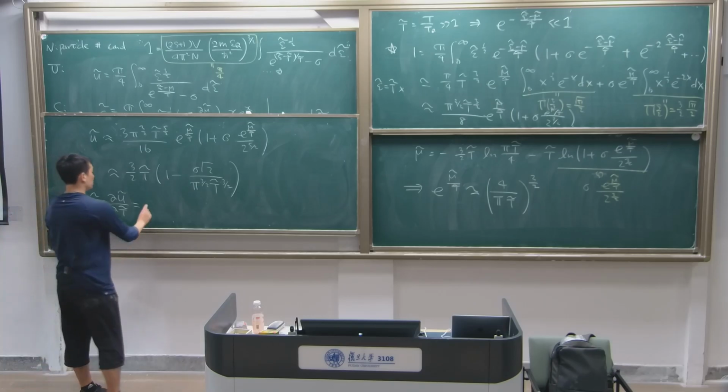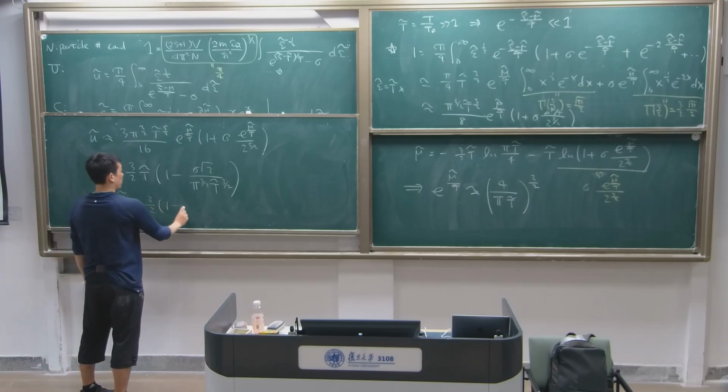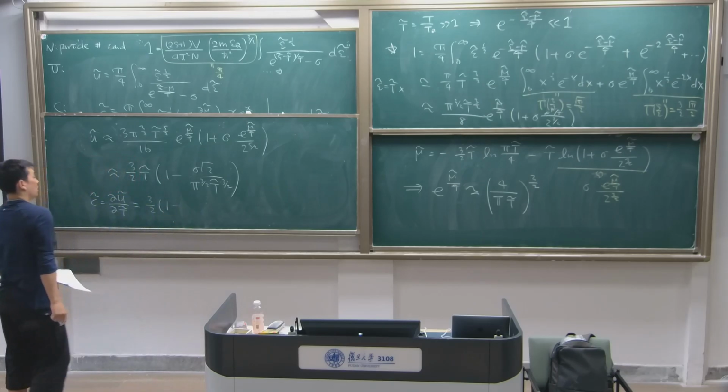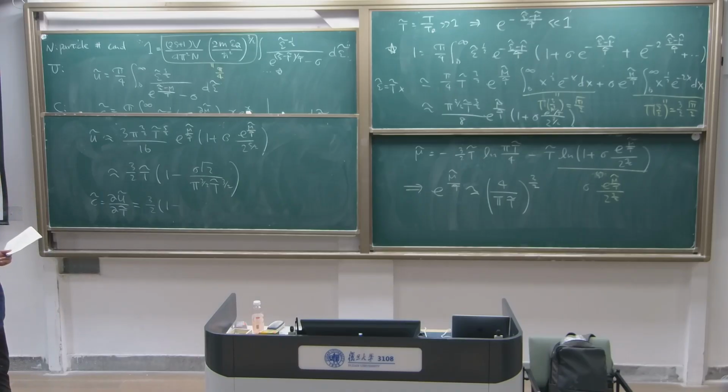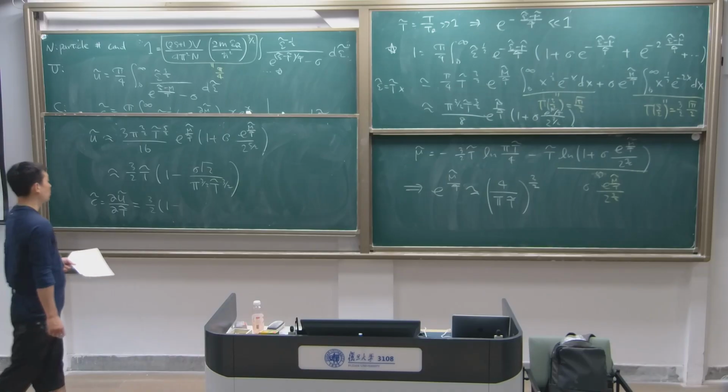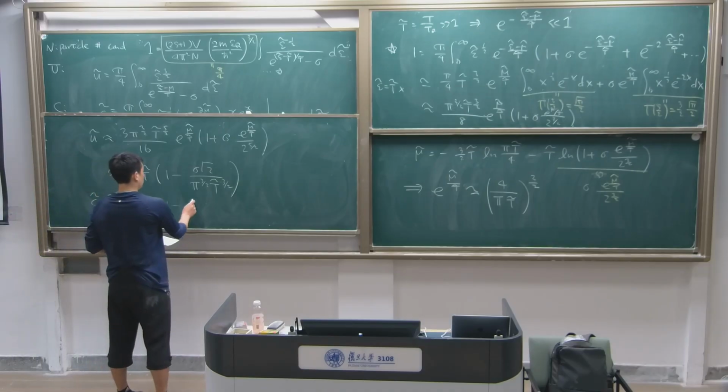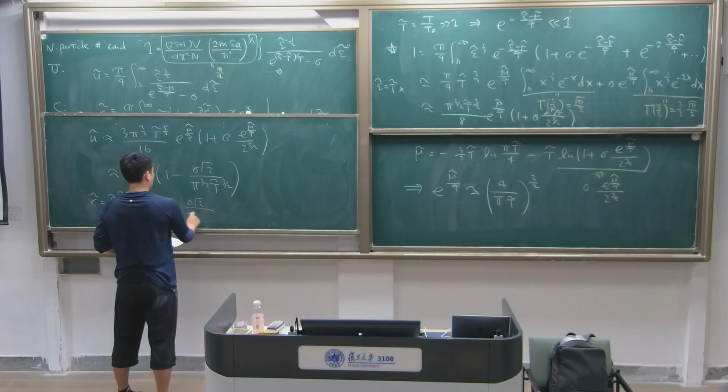And then what you get is 3/2 times 1 minus sigma square root 2 pi, square root of T, where the 3/2 is here.